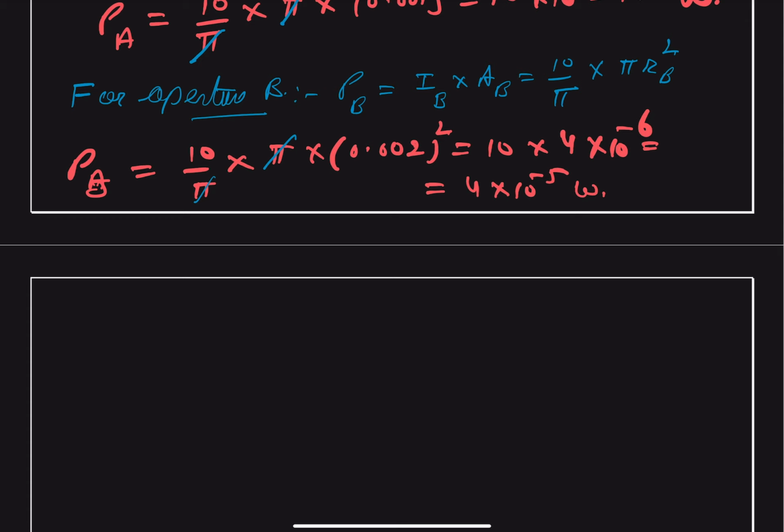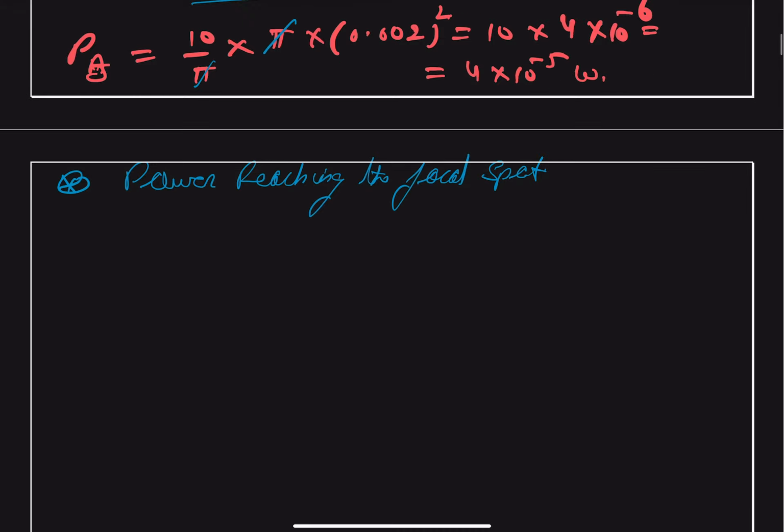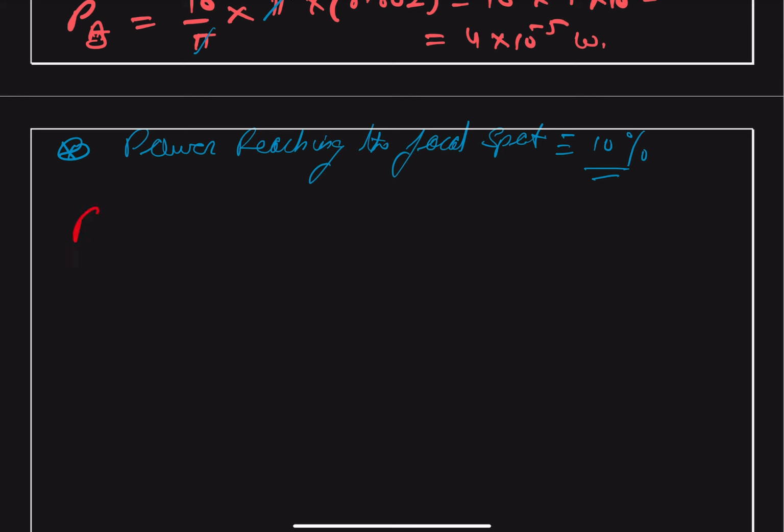It is said that only 10% of the power is reaching the focal spot. So for aperture A, let us call that PA prime, that will equal 10% of PA.